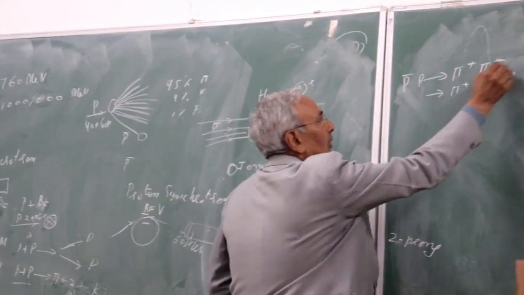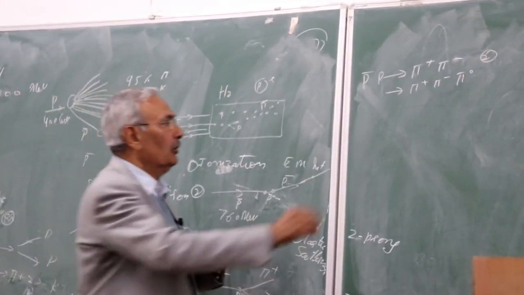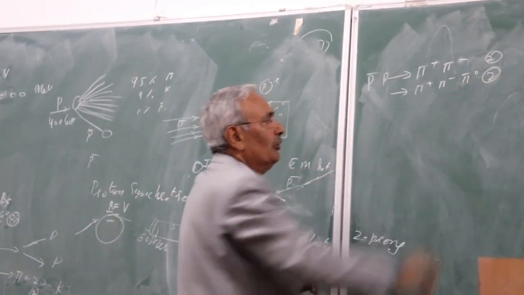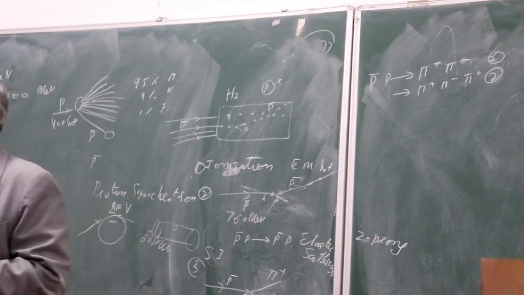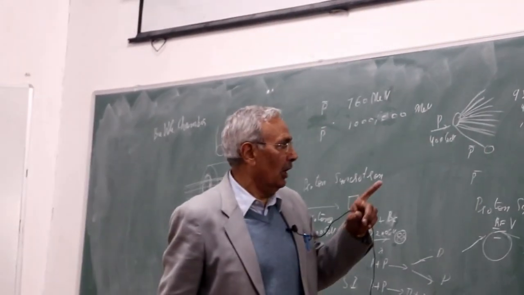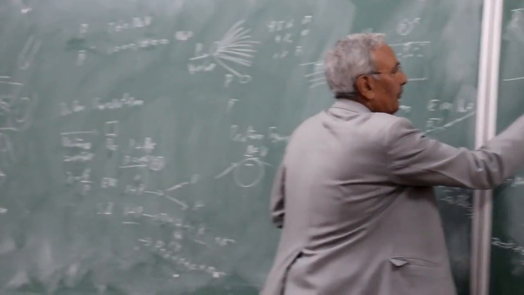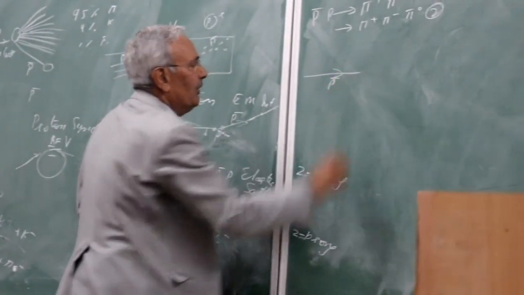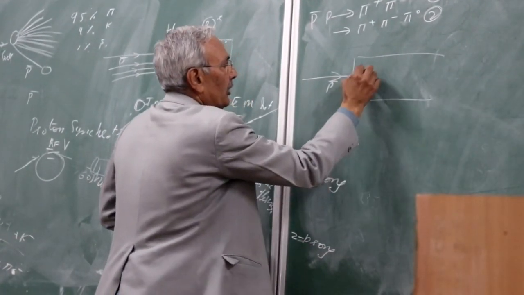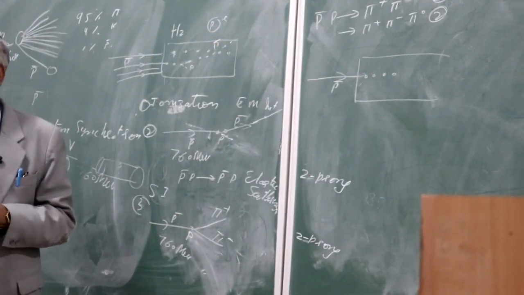This is two-prong because outgoing particles are two. This is also two-prong, outgoing particles are 2, but this would be a neutral, it won't give any track. Okay? So how will it look like in bubble chamber? You have antiproton, particle beam is coming. As soon as it enters in the chamber, you will find the bubbles, and it may travel to some distance.